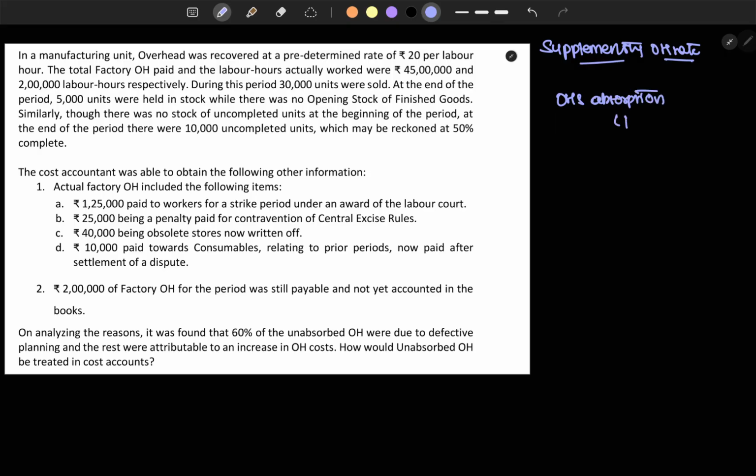This is a predetermined process. This is happening through a predetermined rate, right? What if at the year end we have got the actual overhead expenses actually incurred? If this is actual, this is absorbed.